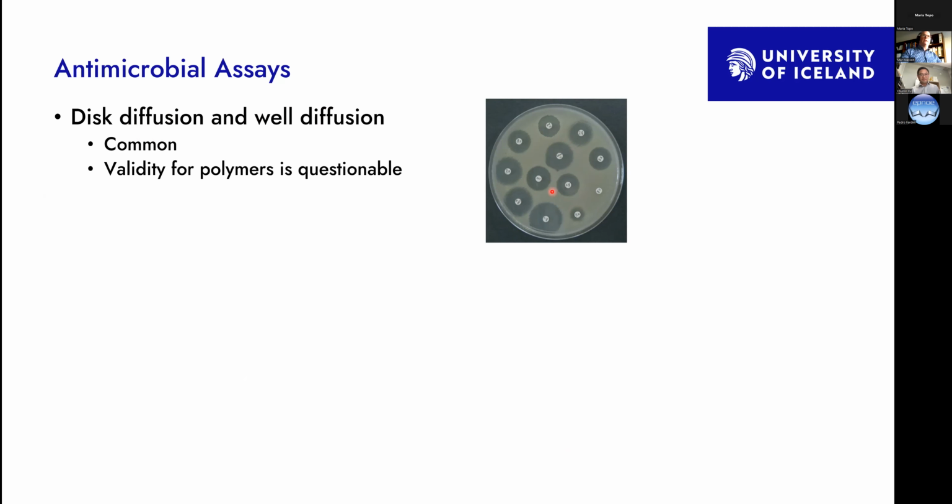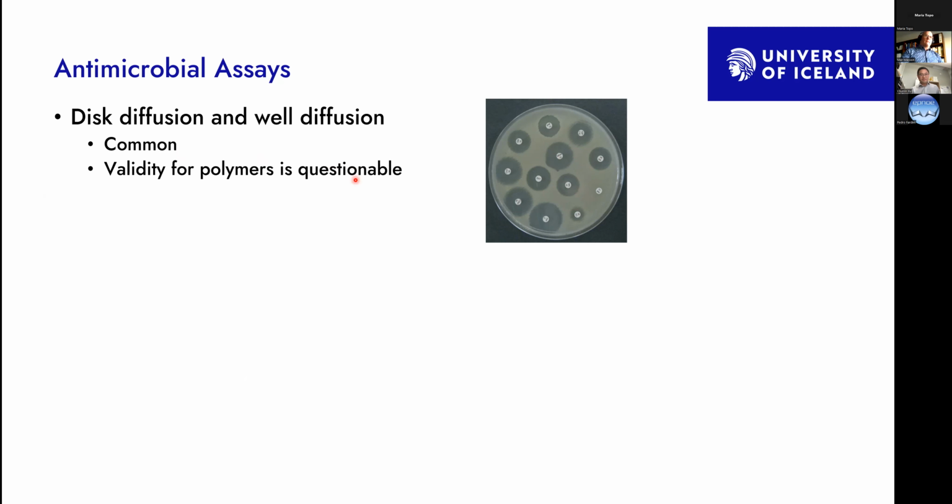Here it's placed on agar that has been treated with grown bacteria. This is a common test, maybe because it's very convenient and easy to observe.